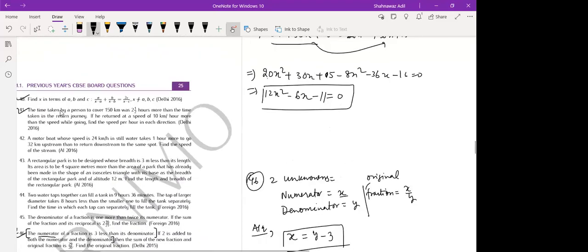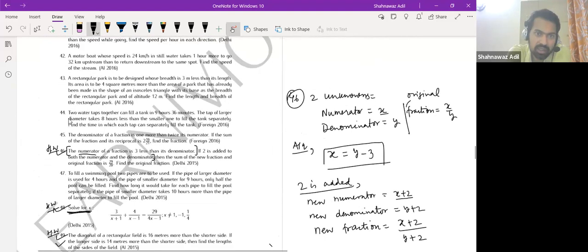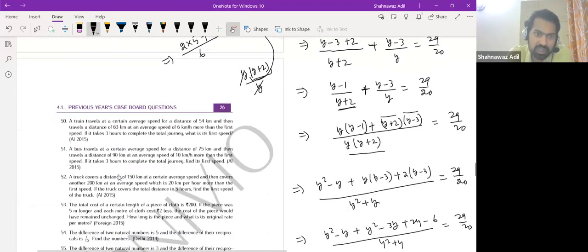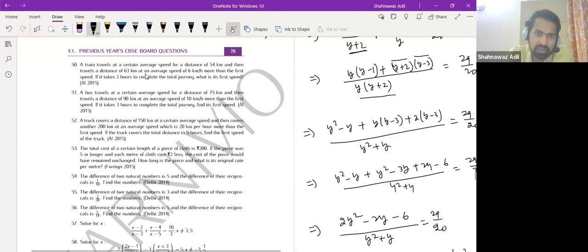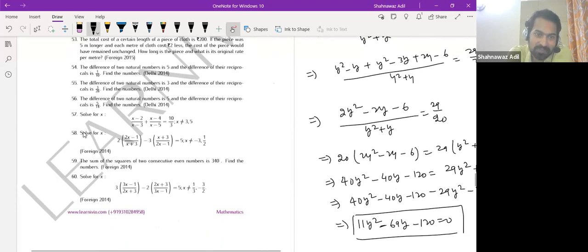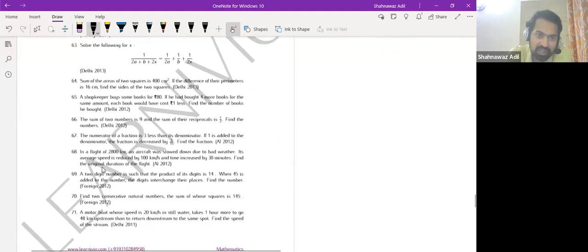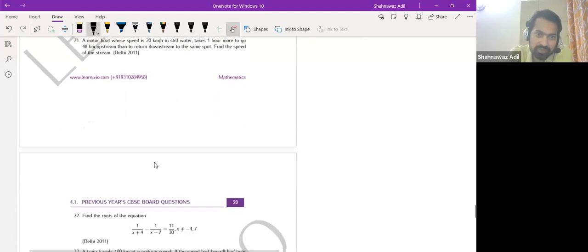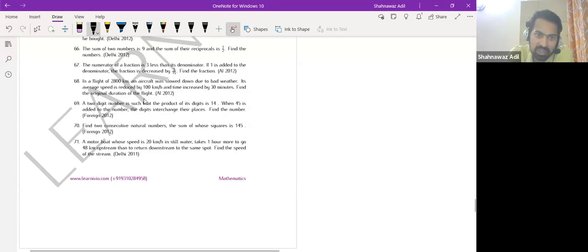Motorboat, time taken, rectangular part, this one is different, motorboat, two water taps, denominator, fraction. These are all the questions that we have done, right? A train travels, average speed, bus travels, truck covers. All these questions are the same kind. We have completed the same kind of questions: two consecutive natural numbers, two-digit number, flight, numerator, fraction.